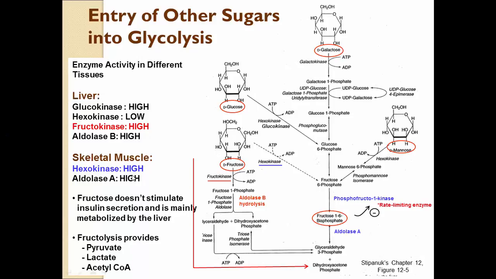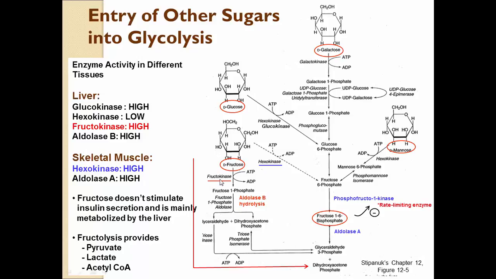Muscle does not have fructokinase, but has high levels of hexokinase and aldolase A, right? And the liver has higher glucokinase, fructokinase, and aldolase B.